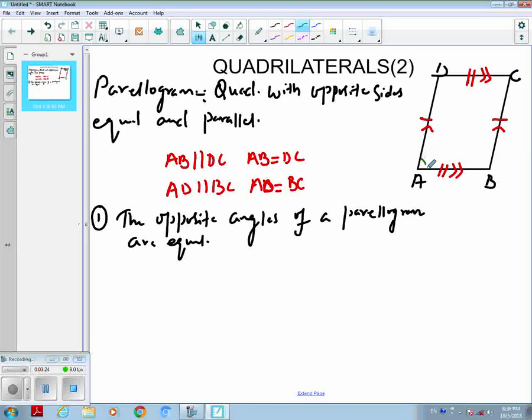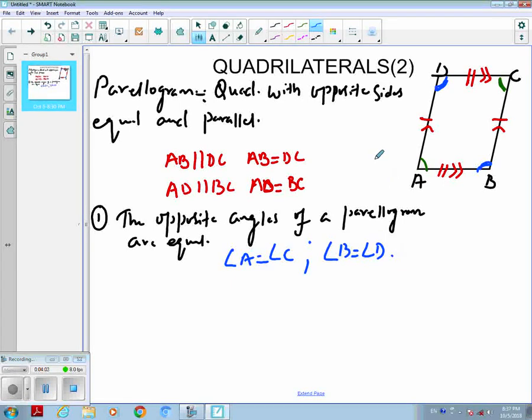Angle A is equal to angle C and angle B, this one, is equal to angle D. So opposite angles of a parallelogram are equal.